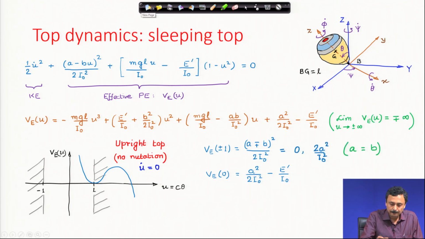If the potential energy is 0, as we have seen here, the effective potential energy value is 0, which means this can happen only when A is equal to B. Only then you can have one of these values as 0, which at +1 we will have as 0, and the other at -1 will be something positive.